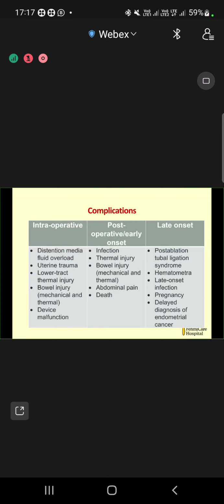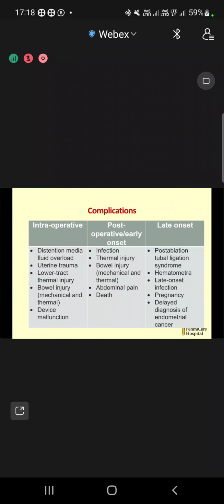That could become a source of infection. So hematometra and infection secondary to cervical stenosis can be there.